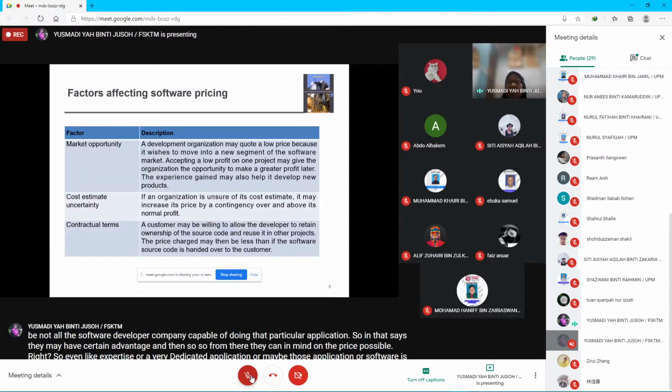Not all companies are capable of doing the development, so they have good justification for demanding the price.